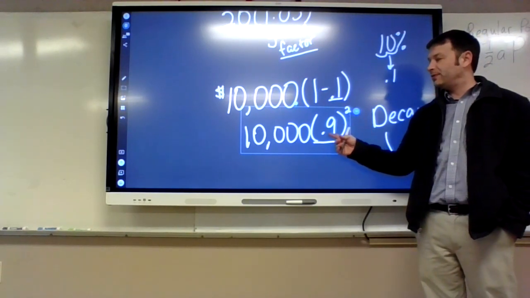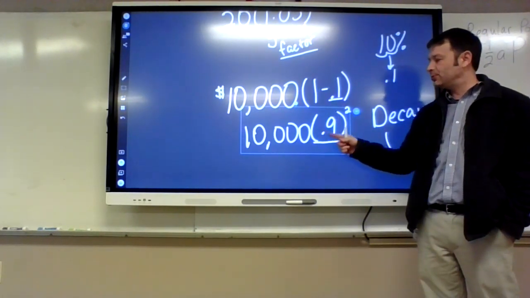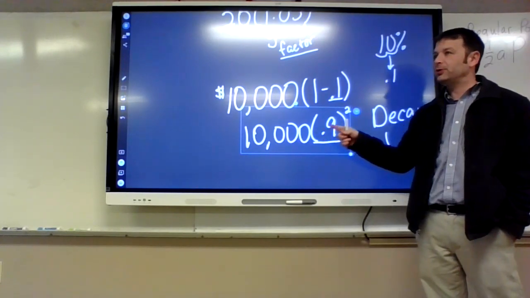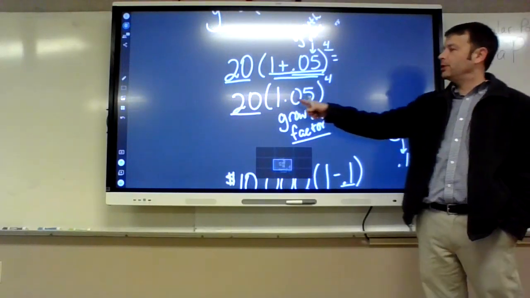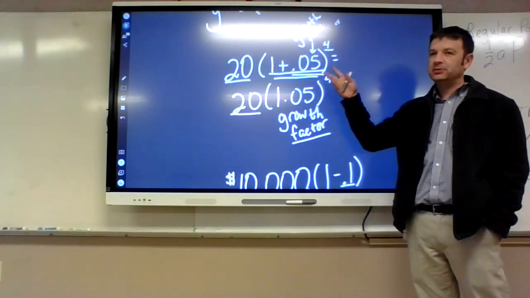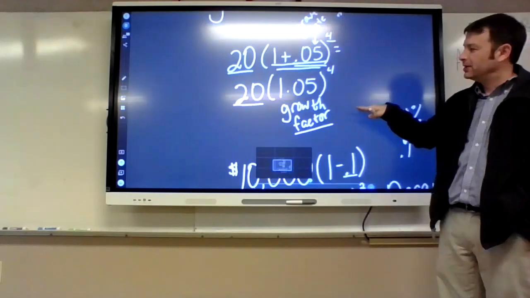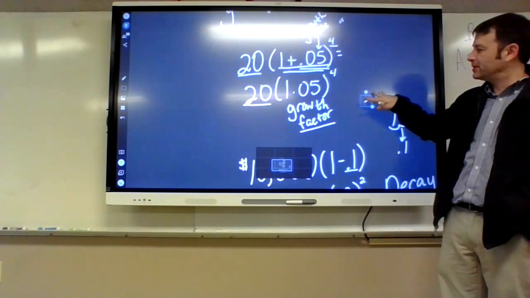If you multiply by 0.5, that's cutting it in half every time. So if this number is less than 1, it's going to get smaller and smaller, decay. If it's bigger than 1, like 1.05, it's going to get bigger and bigger. That is the heart of it.